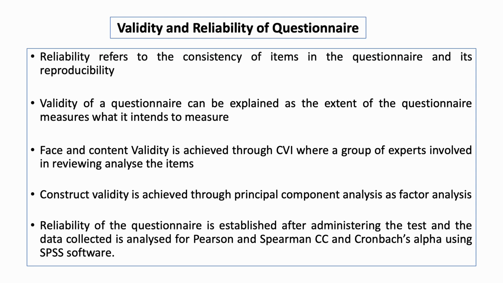Content validity is achieved through the content validity index, where a group of experts are involved in reviewing and analyzing the items, and there's a method used once the experts respond.